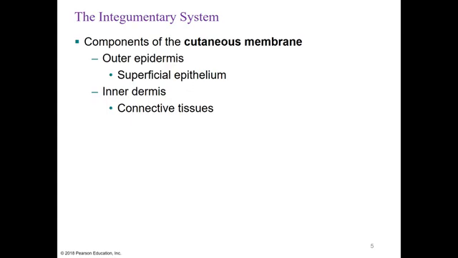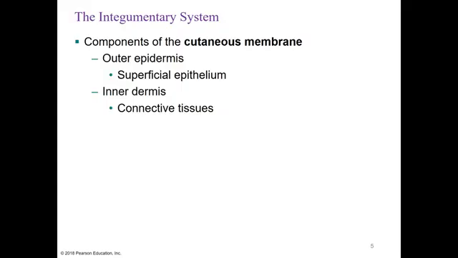And if you recall in Chapter 4, epithelial tissue was tissue that lined or covered internal or external body surfaces. We also talked about how epithelial tissue was avascular, meaning no direct blood supply, and it was made up mostly of cells. So this is going to be our top layer, the epidermis, made of epithelia.